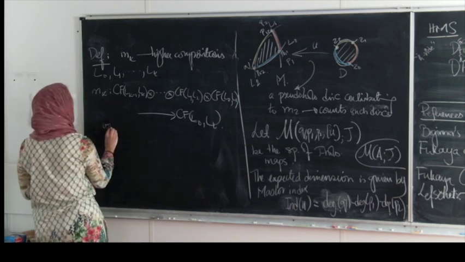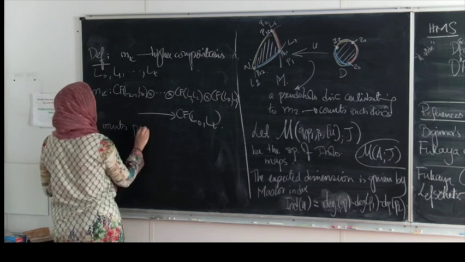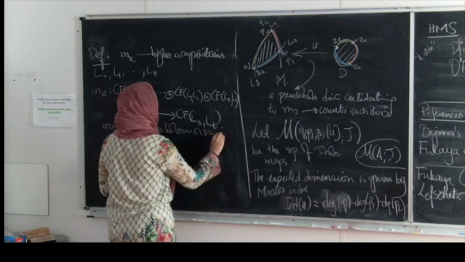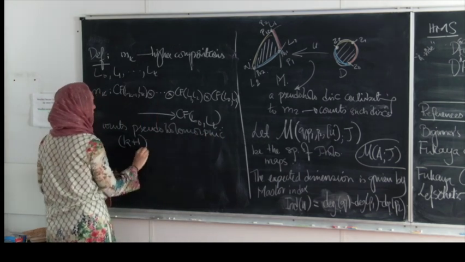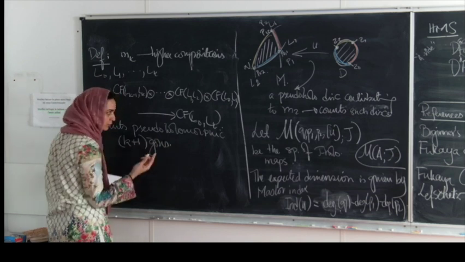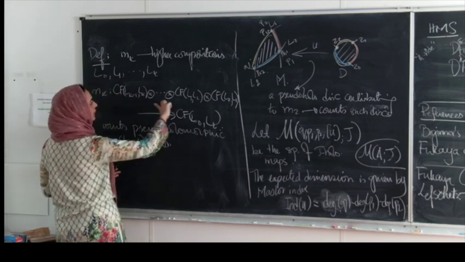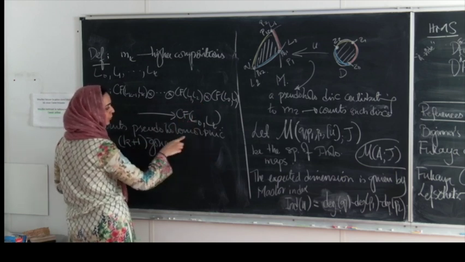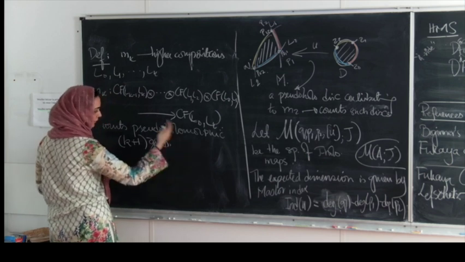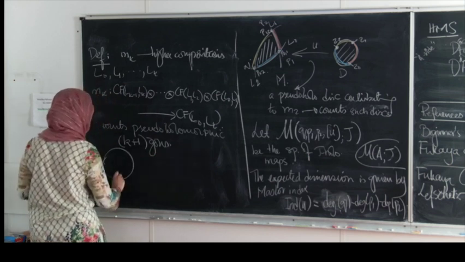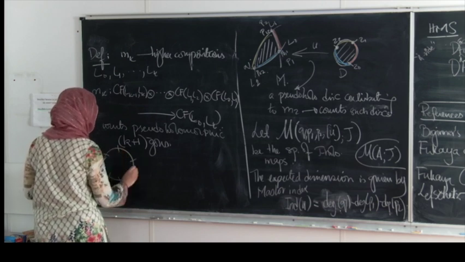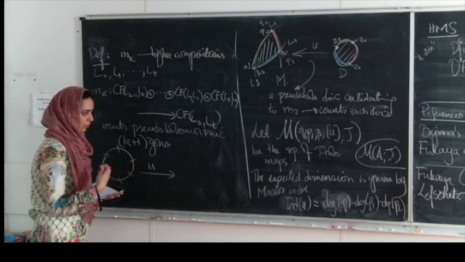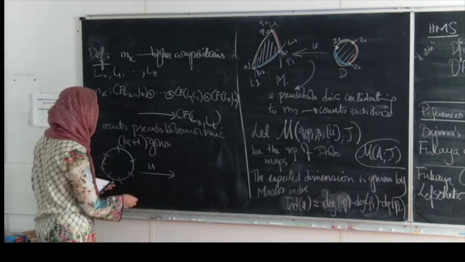And this counts pseudo-holomorphic k plus 1 gons. This shouldn't be a surprise for you, because as I said, it takes k inputs and gives you another output. So you have k plus 1 vertices, and you have these disks that are maps from... So we've seen this picture before when I defined J holomorphic disks with Lagrangian boundary condition.